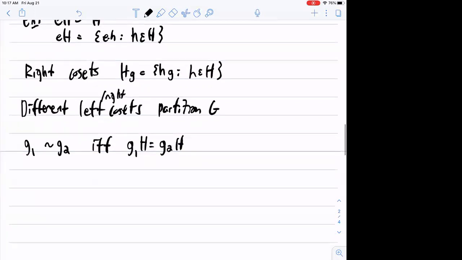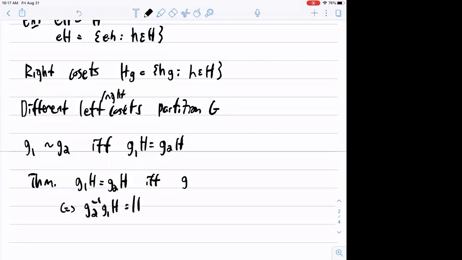There's a theorem in your book that says, what does it mean for two cosets to be equal? They're equal if and only if, if you think about it, it's the same as saying, if I multiply by g2 inverse on both sides, I get this, right? And being equal to H, you could check that this means this element is in H.